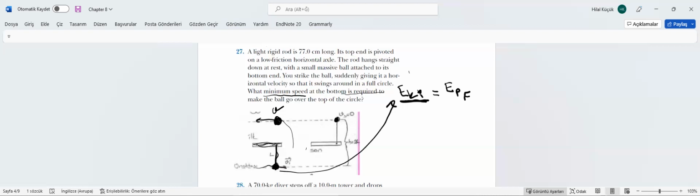At the first point, this is the initial part. There isn't any elevation, so you don't have any potential. Of course, we always use that equation. Initial must equal the final one.